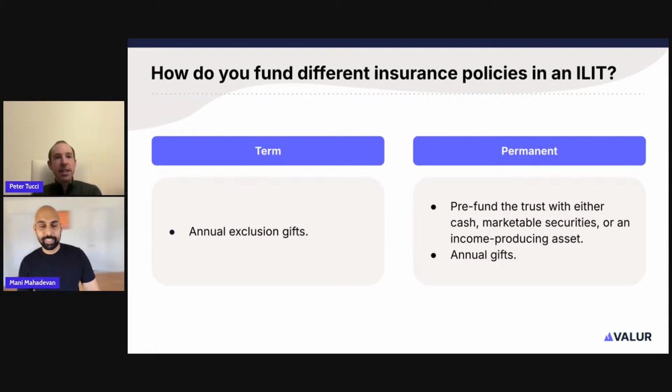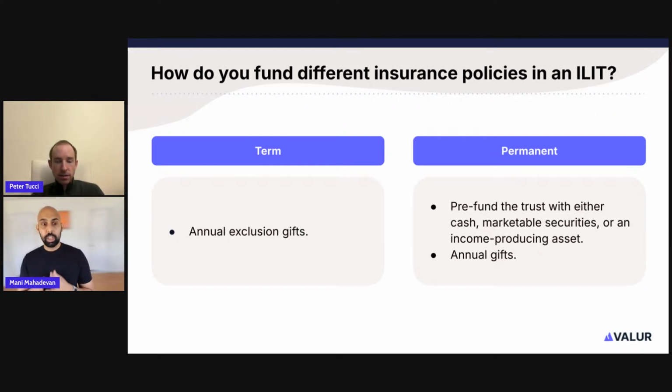If you're married, you double up, so that's 10. Each of you and your spouse get 5, and so that's 10 annual exclusions. And so it's $19,000 times 10, which is $190,000. And so this is where, as on this slide, typically annual exclusion gifts are used to fund term policies because it's smaller amounts, versus in permanent.